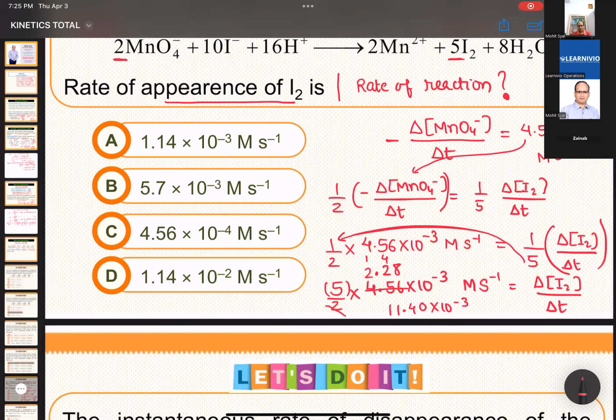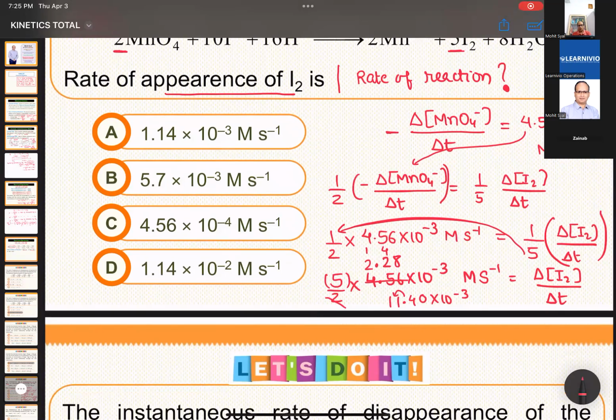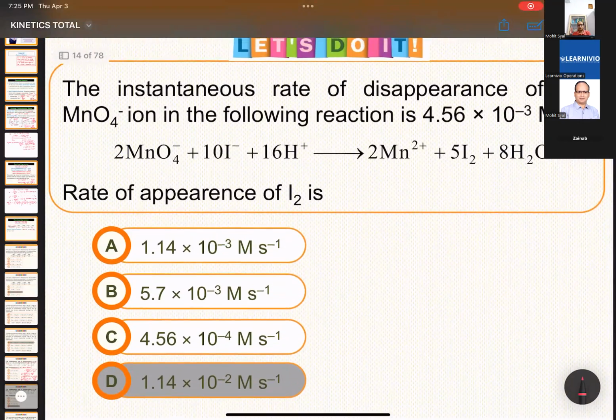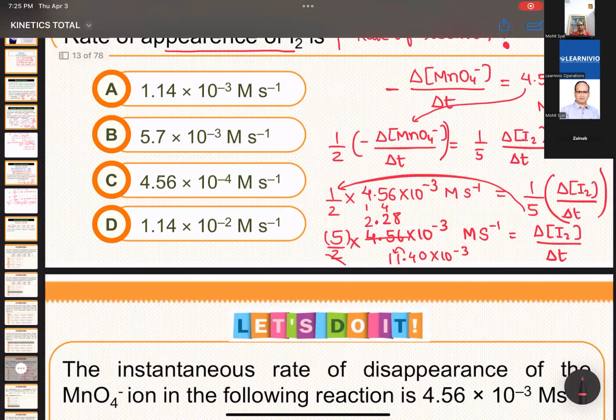So it is going to be 1.14 into 10 to the power minus 2. Okay, I will shift this decimal here. If we shift the decimal, the minus 3 should become minus 2, because it is 11.4 divided by 10 to the power 3 when you bring it in the denominator.